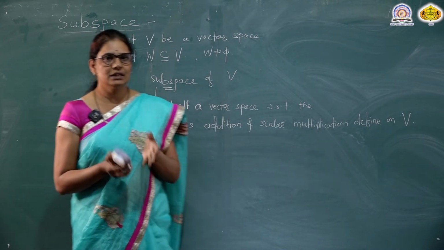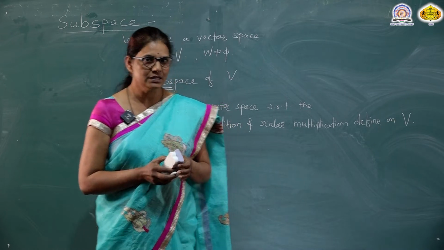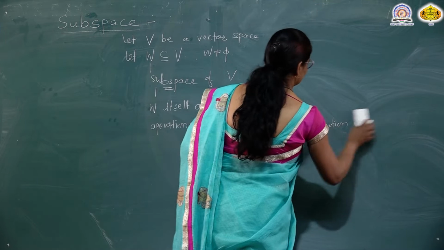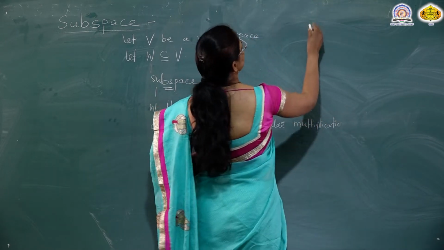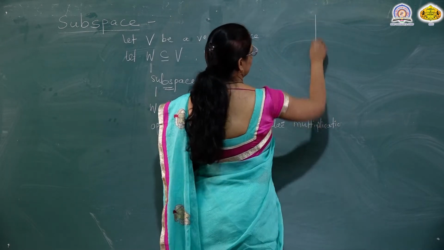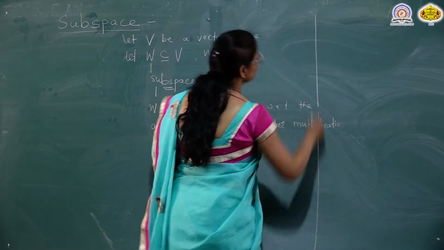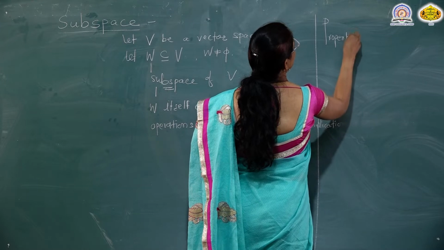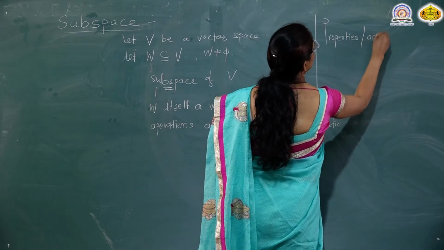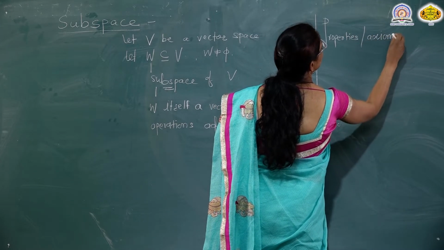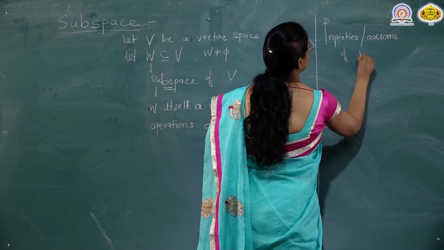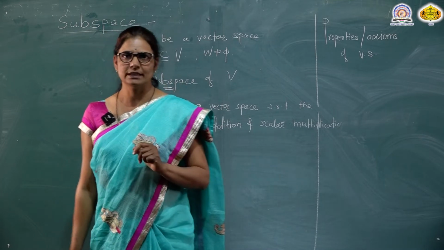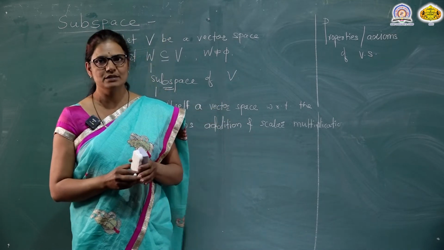So we know that there are 10 properties for a vector space. Now first we recall all these properties here. So we first write all the properties, or the axioms, of the vector space.